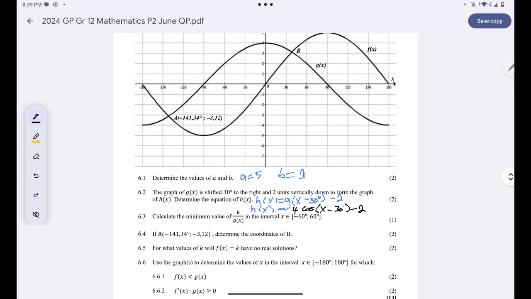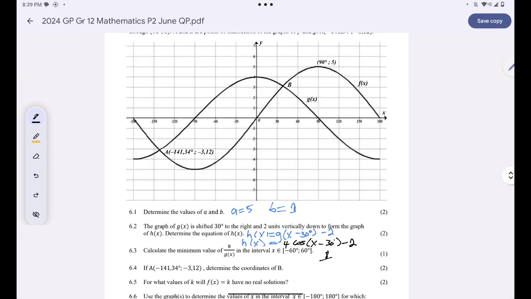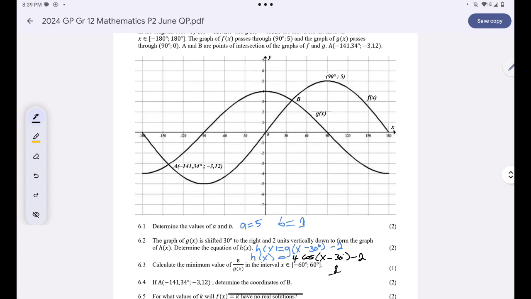Because in maths you minimize a number by maximizing its denominator. The more the denominator of a number gets bigger, that's when the number gets smaller. So for me to find the minimum value, all I need to do is take 8 and divide it by the maximum value. The maximum value for g is 4, and then I'll get 2. So the minimum value is equal to 2 here.